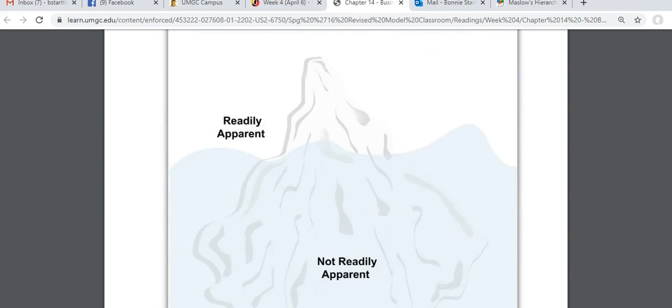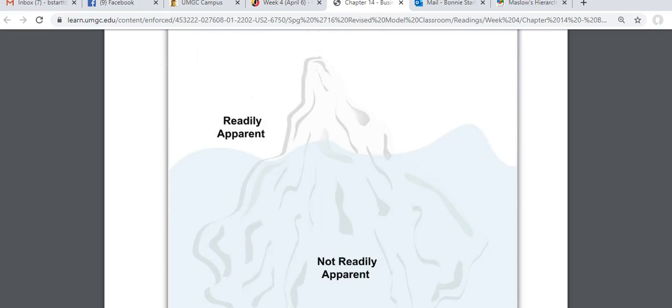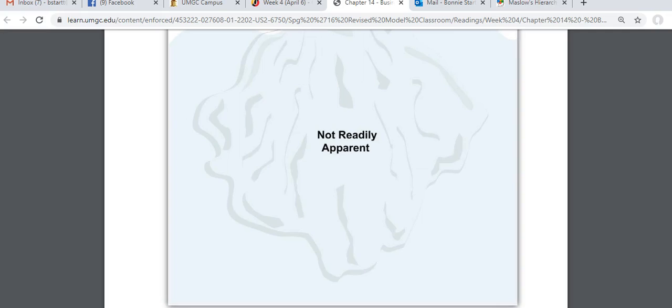When we are doing persuasion, we always hear about the iceberg model. And this comes about because we only see the top of the iceberg, but that is actually the smallest part. Most of the argument is actually underwater.